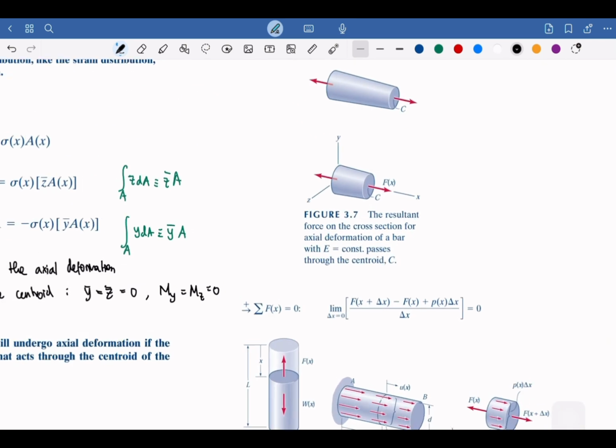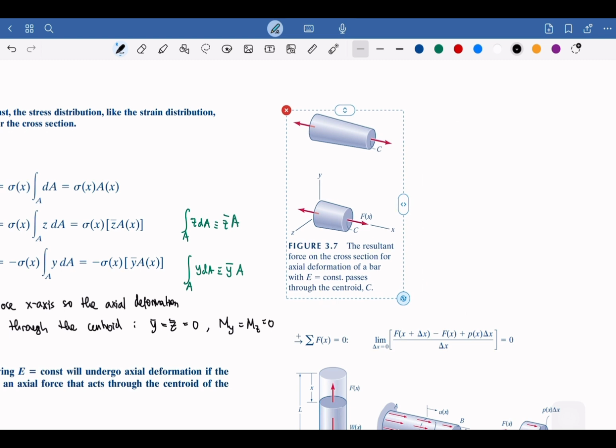So this will be the assumption, an important assumption.